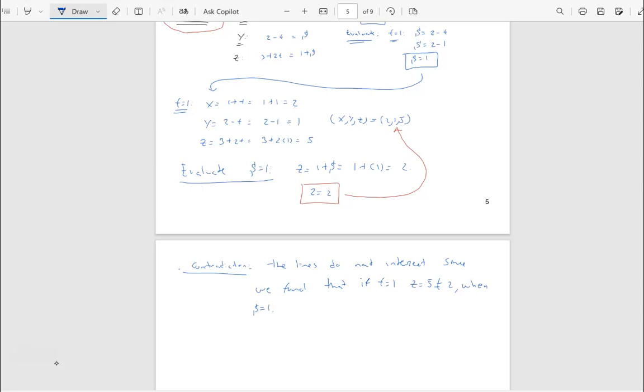Hence there's no intersection. We also checked the lines are not parallel.